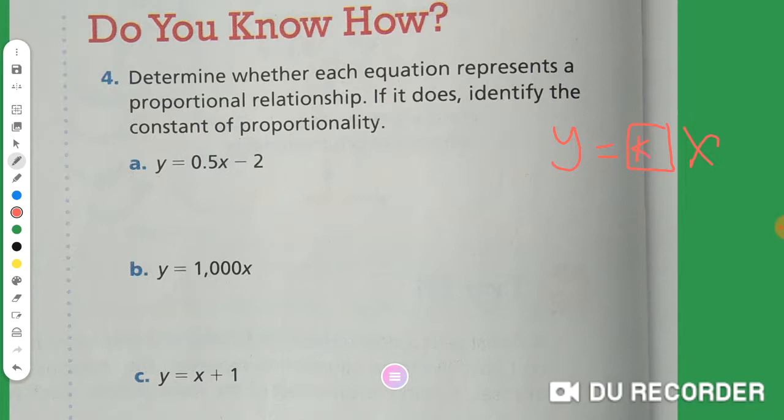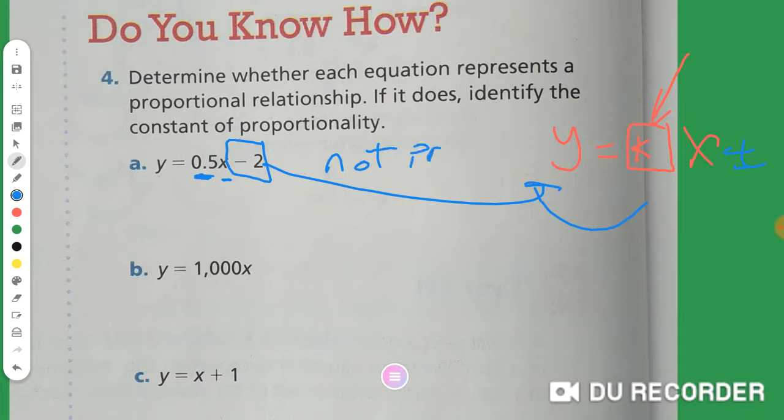So if I can find a constant number multiplied by x, it will be proportional. Let's check the first one: y equals a constant multiplied by x, but minus 2. The equation must not include plus or minus, so this is not proportional, because it's not in the form y equals kx only.